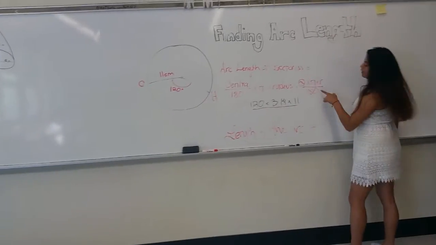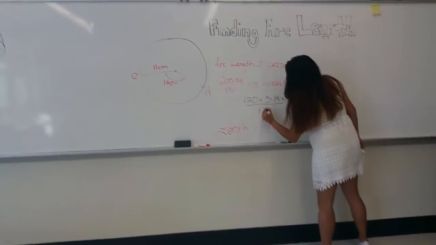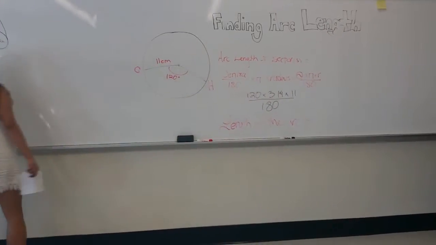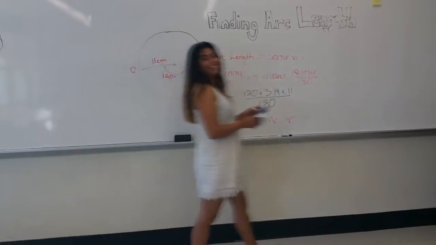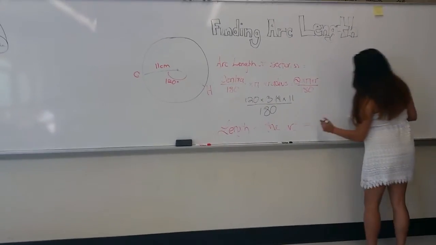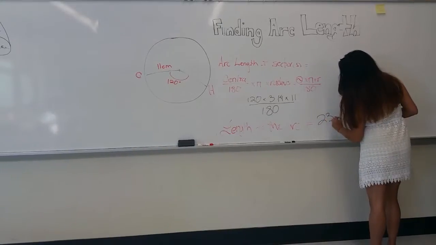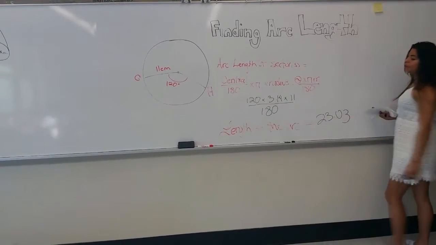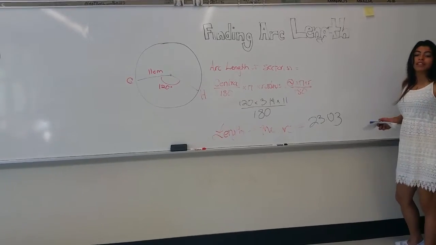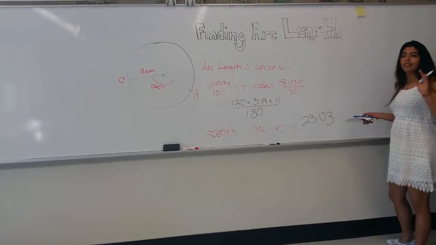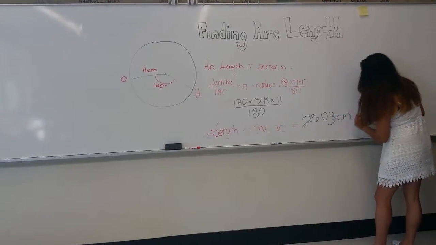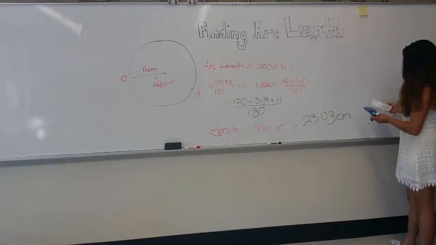And then you divide it by 180. And once you put it in the calculator, you will get 23.03. Now remember, you guys, you have to put your units. Because if you don't put your units, it's not right, okay? So you get centimeters.